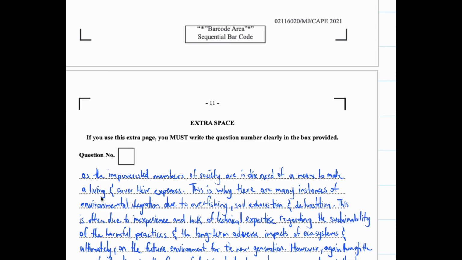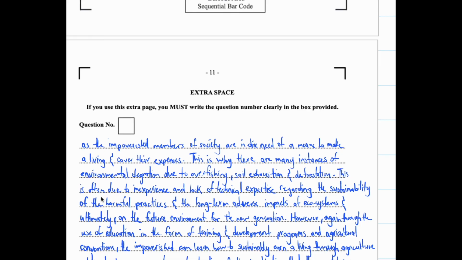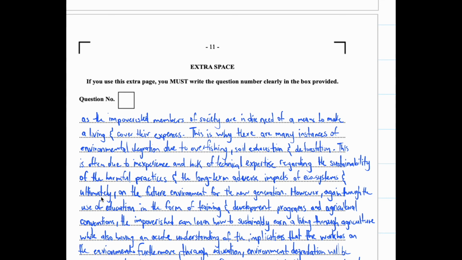So again, through the use of education in the form of training and development programs and agricultural conventions, the impoverished can learn how to sustainably earn a living, so that is in ways that can continue not just today.